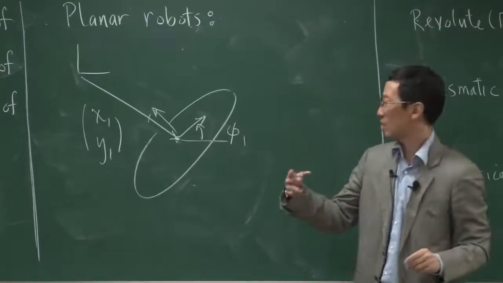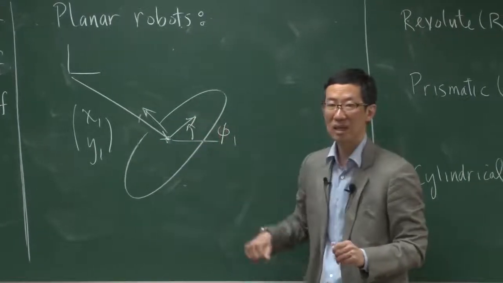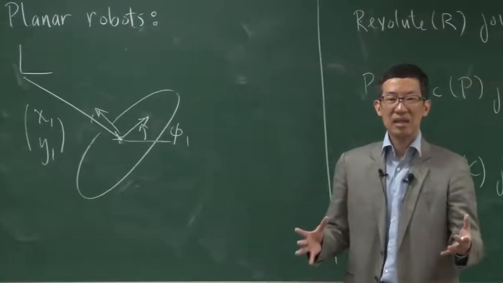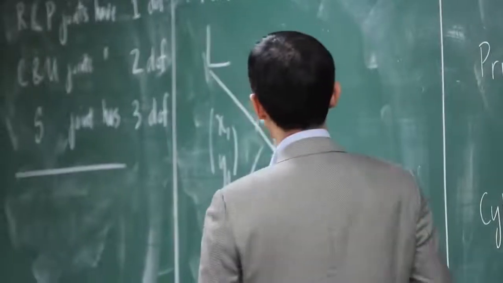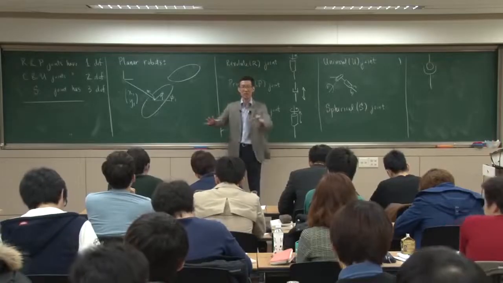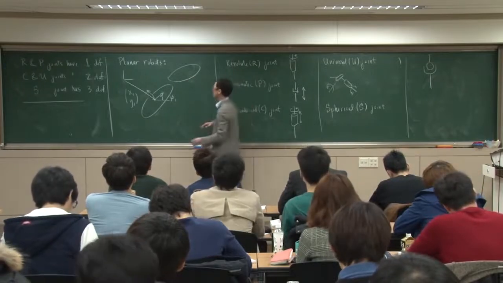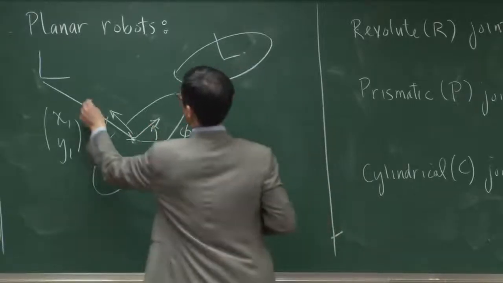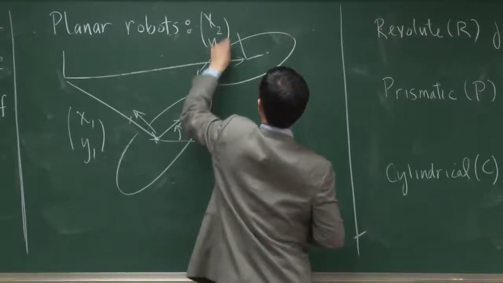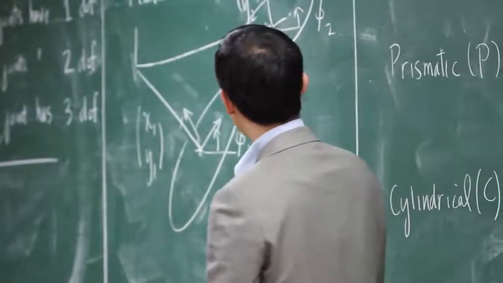So we need 3 coordinates to describe the position and orientation of this link. Now, if we had 2 rigid bodies moving independently, obviously we need 3 plus 3, so 6 coordinates. So the frame here would be x2, y2, and this angle would be phi 2.